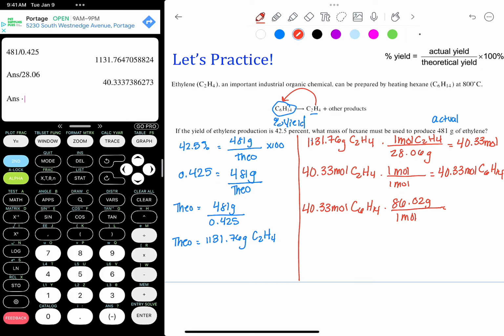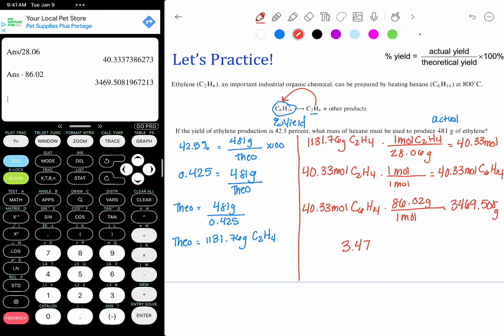We multiply it by 86.02, and we get a value of 3,469.508 grams. Now our problem has 3 significant figures, so our final answer should be 3.47 times 10 to the 3 grams of hexane, C6H14, to account for sig figs appropriately.